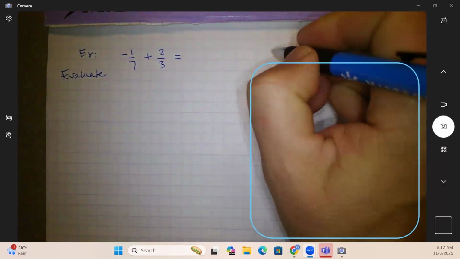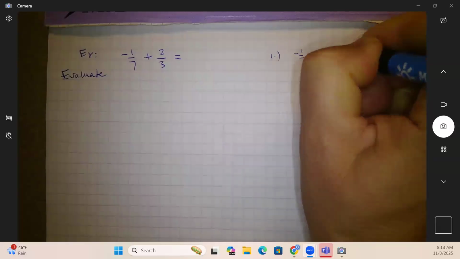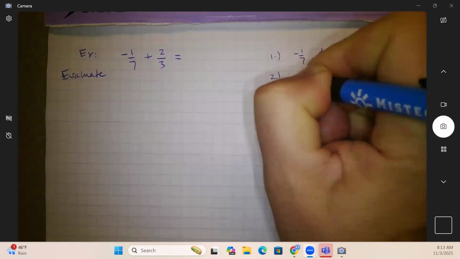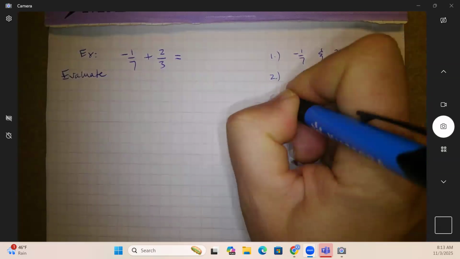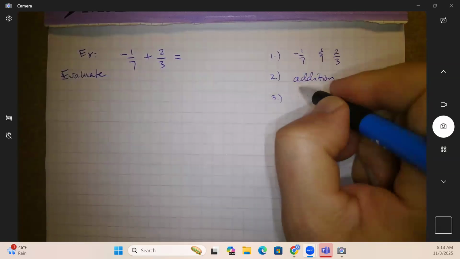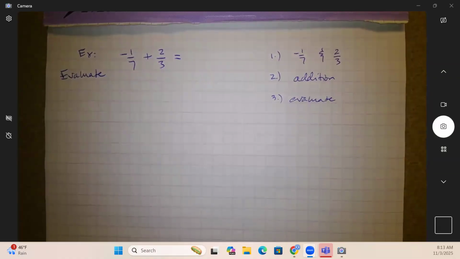So my nouns, my numbers are -1/7 and 2/3. My operations are addition. And my goal is to evaluate, to see what they are when I add them together. And this gives me information about how to solve it.